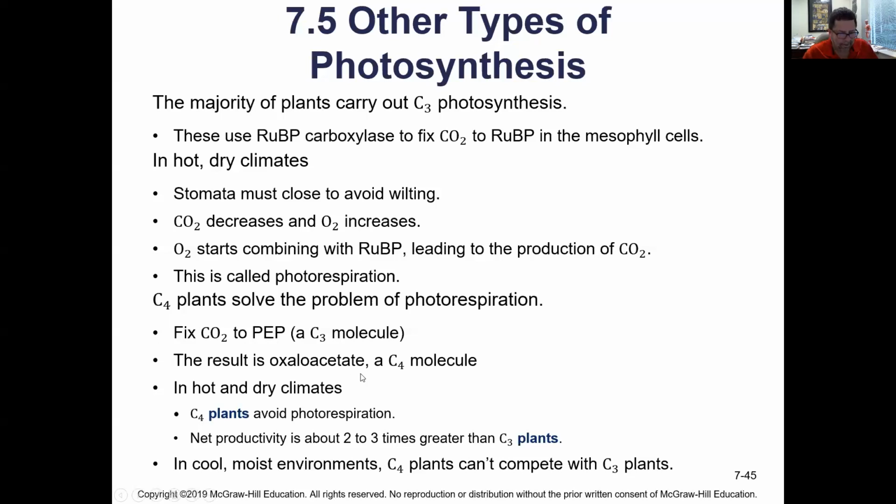So they're going to, and I'm reading it here, take this C4 fixate carbon dioxide to phosphoenolpyruvate, a C3 molecule, and another enzyme converts it into oxaloacetate. So in a C4 plant, CO2 is taken up in the mesophyll cells, and then malate, a reduced form of oxaloacetate, is pumped into the bundle sheath cells, and only here does carbon dioxide enter the Calvin cycle.